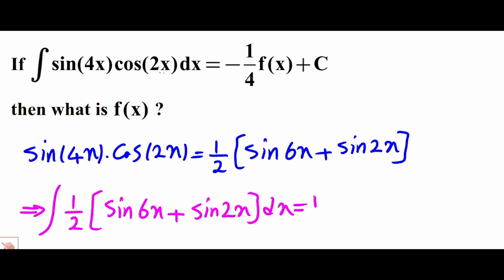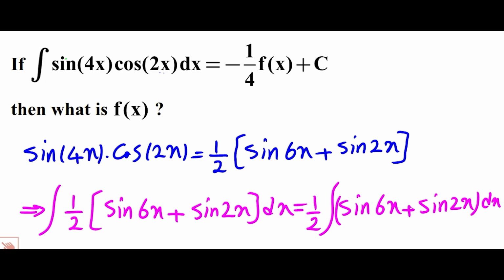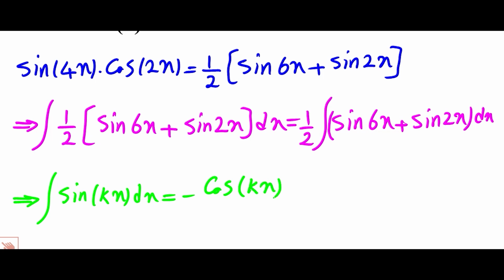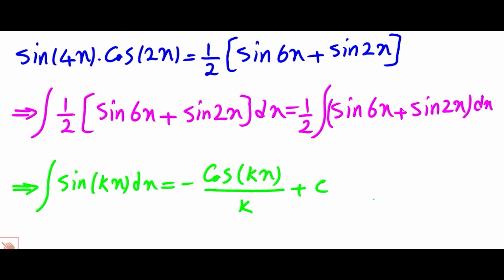So we have 1/2 the integral of sine of 6x plus sine of 2x dx. And as you know, the integral of sine of kx dx equals negative cosine of kx over k plus c.